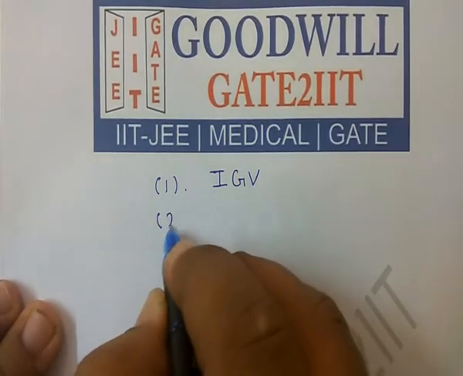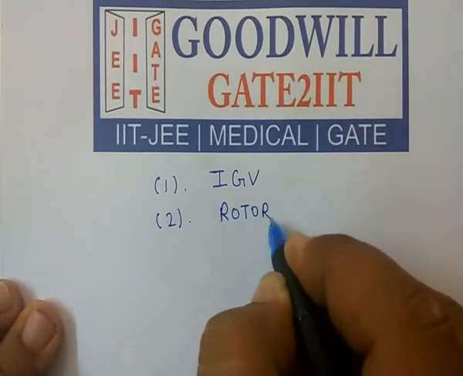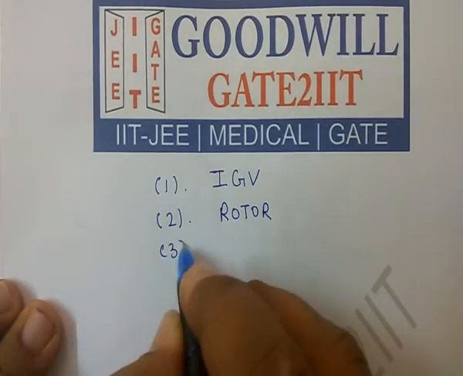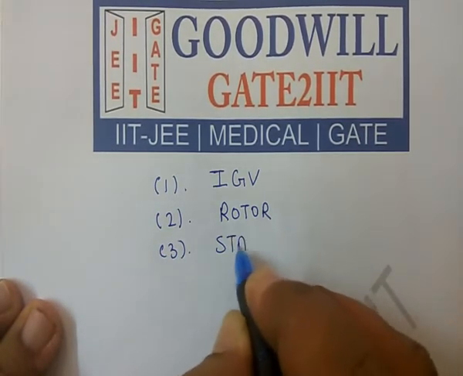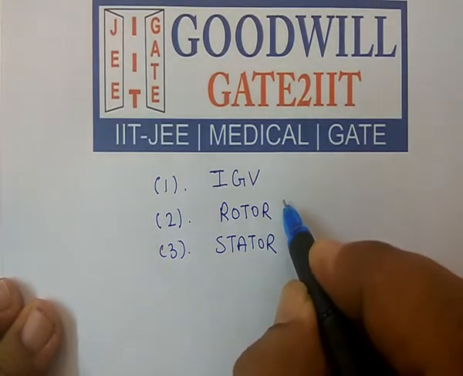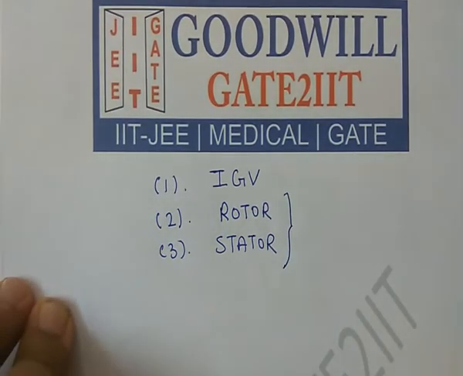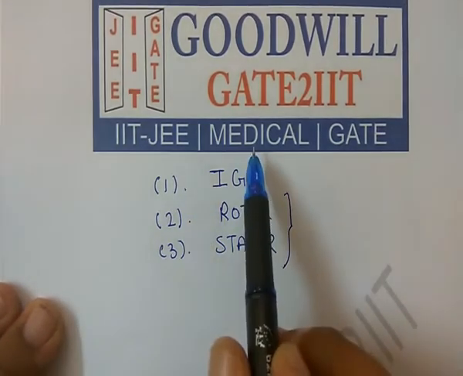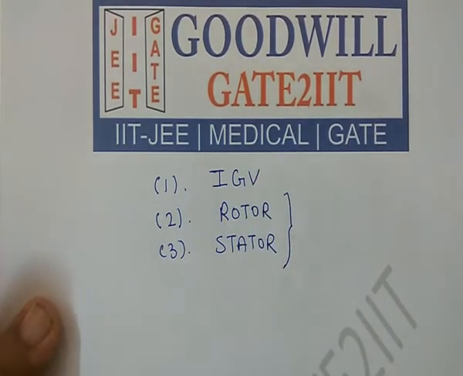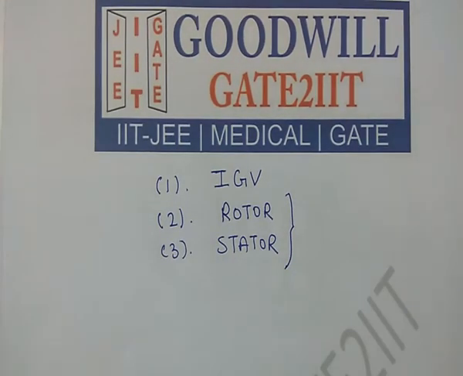The next set of blades which you'll see are rotor blades, and the third set of blades which you'll see are stator blades. Our main focus will be on rotor blades and stator blades. There might be a case where there are no inlet guide vanes. We will be discussing this, but for velocity triangles you will be focusing more on rotor blades and stator blades. Alright, so let's see what is actually happening inside the axial flow compressor.